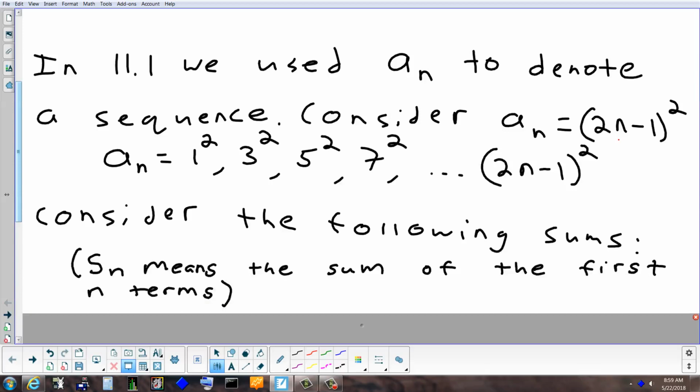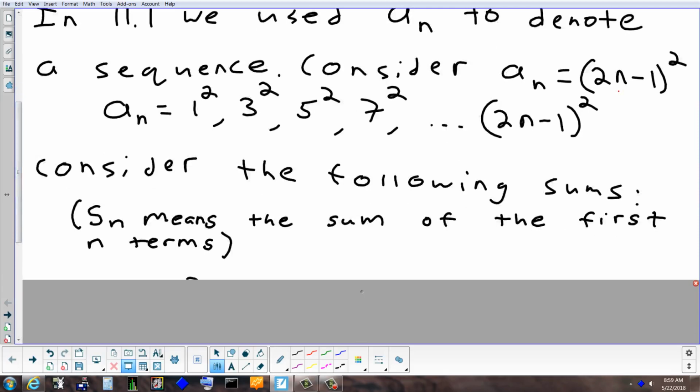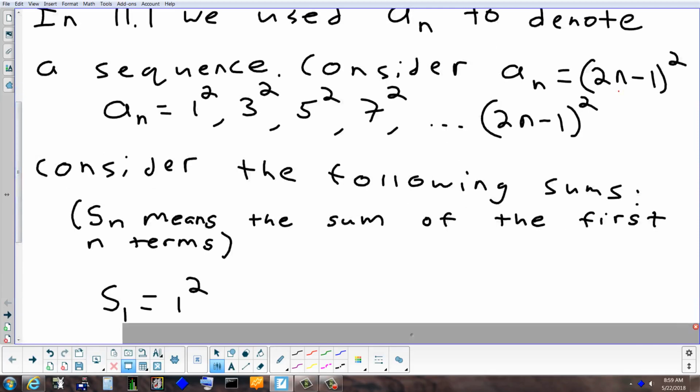So now we're going to look at something a little different. Okay. When we put capital S sub n, capital S stands for sum. N stands for basically how many things you want to add up. So what this first one means, S sub 1, means to take your sequence and add up the first 1 terms in the sequence.